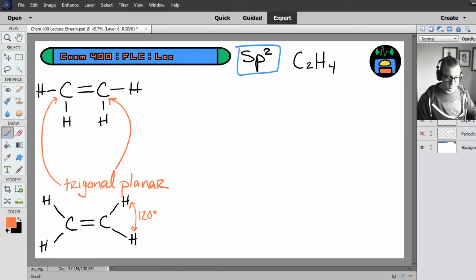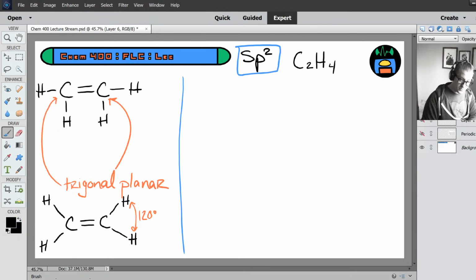The question is, how does hybridization and valence bond theory use orbitals to explain this phenomenon? The way it does is with sp2 hybridization.